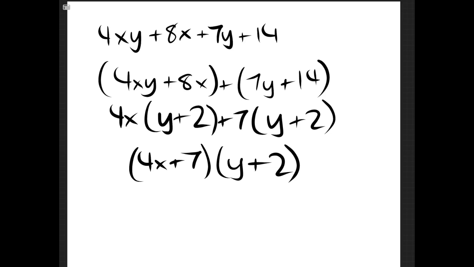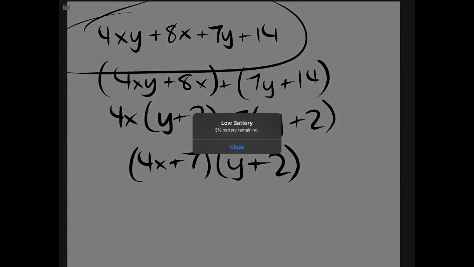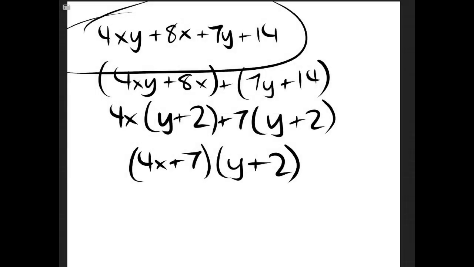And that is actually how you factor the top expression. This is really cool because you just have to look and figure out how you can use the distributive property in different ways to factor things like this.